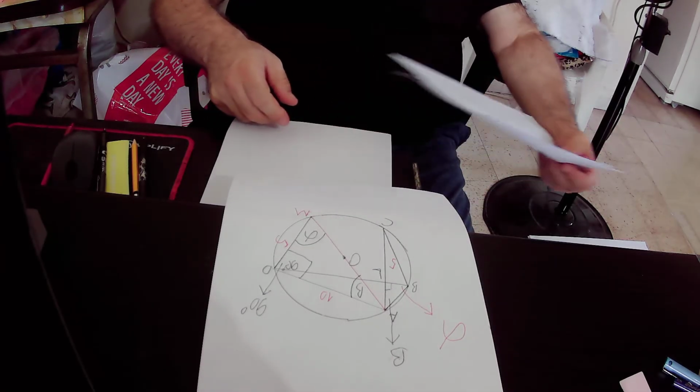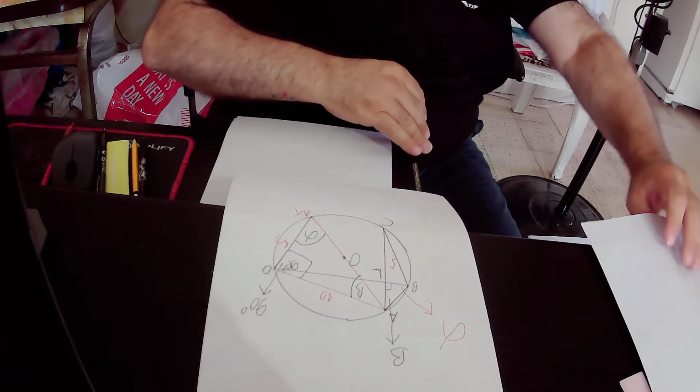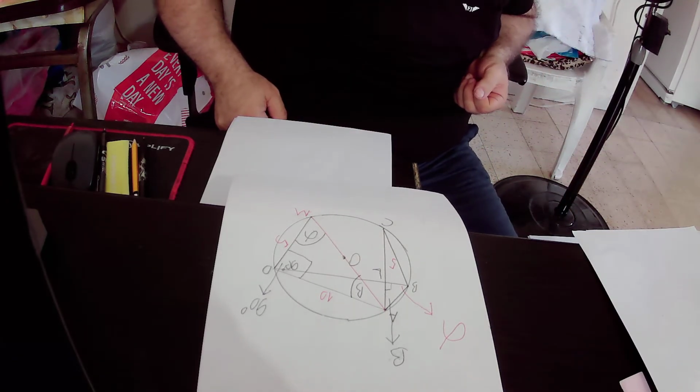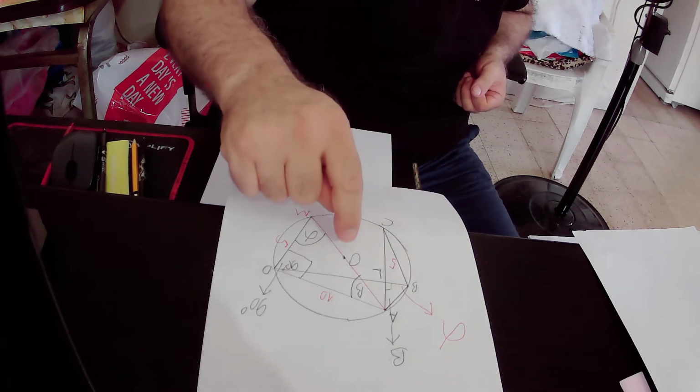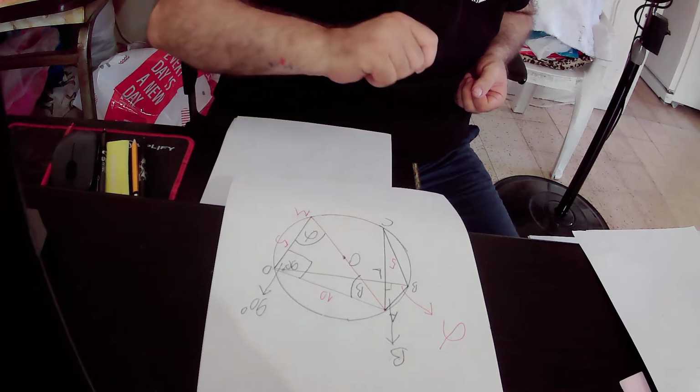The next step, we draw a chord from point A through O, where O is the center of the circle.